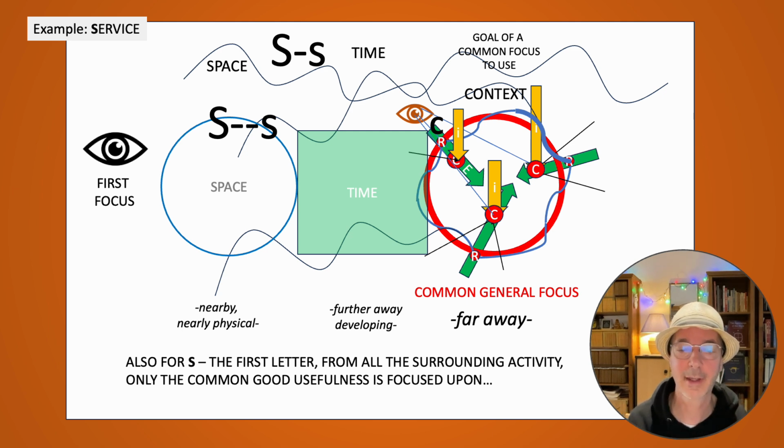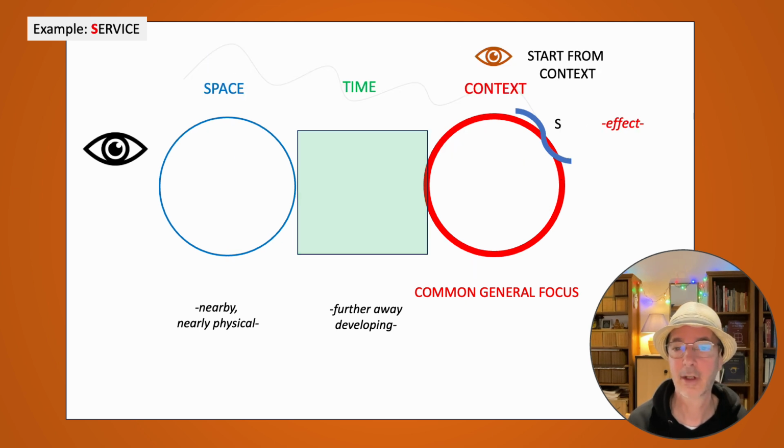Let's see where the S is useful, where this usefulness can be focused upon. And that's just one of these waves that have an interaction on these context frames. So that's how you can imagine it. Okay, here's the S, here's the effect, the final effect at the context, at the borders, that I will try to focus upon and sense what is going on there.